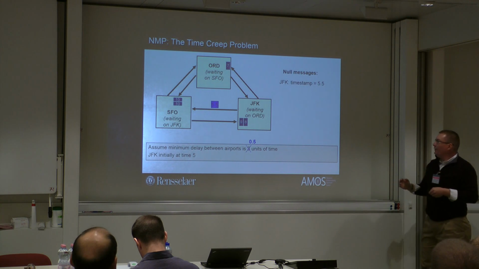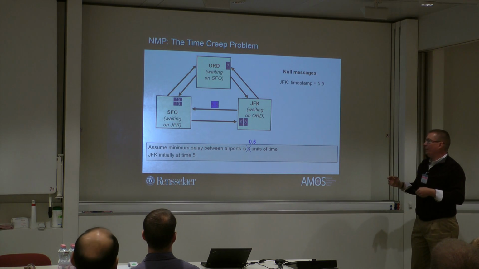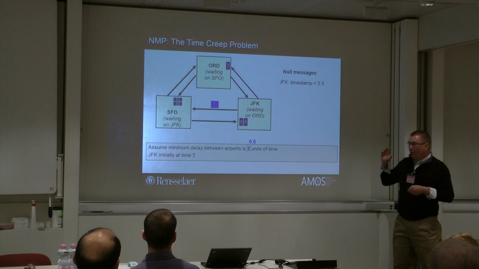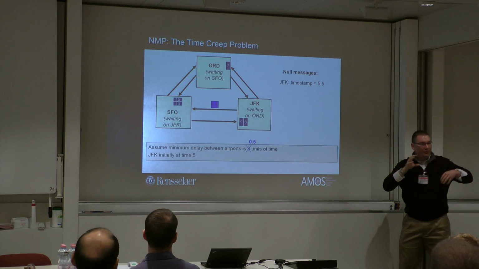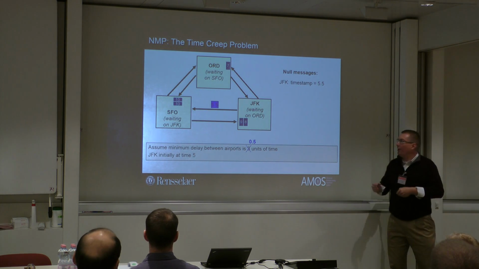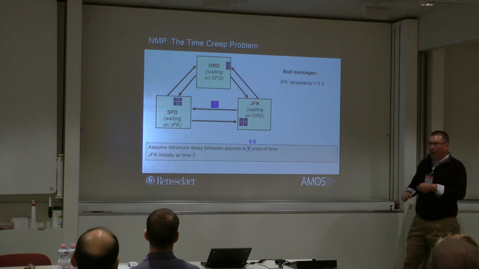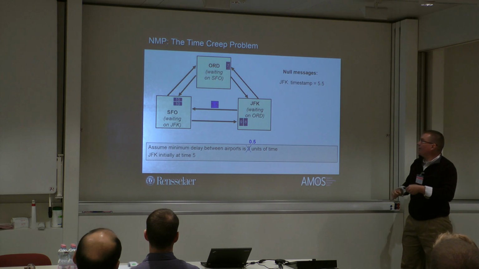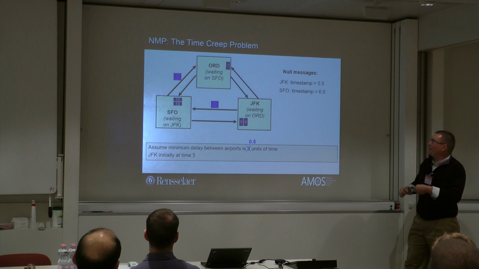The problem here is that if your look ahead is small, but there's not a lot of activity going on in your network, then that can create some artificial synchronization that isn't completely necessary. We call this the time creep problem.